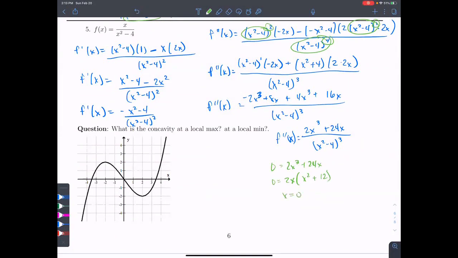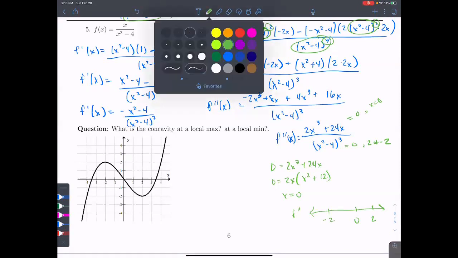That's where the top could be 0, and the bottom equal to 0 would be at 2 and negative 2. So we put all three of those on our f double prime number line. Put negative 2, 0, and 2. Where the top is 0 is where the whole thing would be 0. Where the bottom is 0 is where it would be undefined. So those are the three potential points of inflection for us.